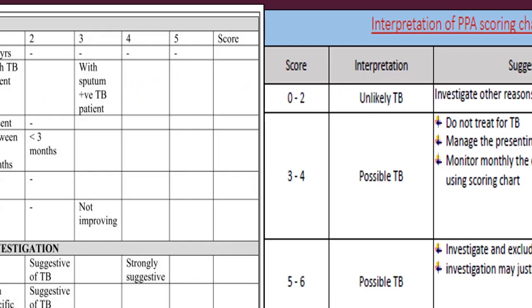Diagnosis of tuberculosis in children is even more difficult because they are not able to bring out sputum. So it is based on the history and examination, and a beautiful scoring chart has been introduced by the Pakistan Pediatric Association for the diagnosis of tuberculosis.